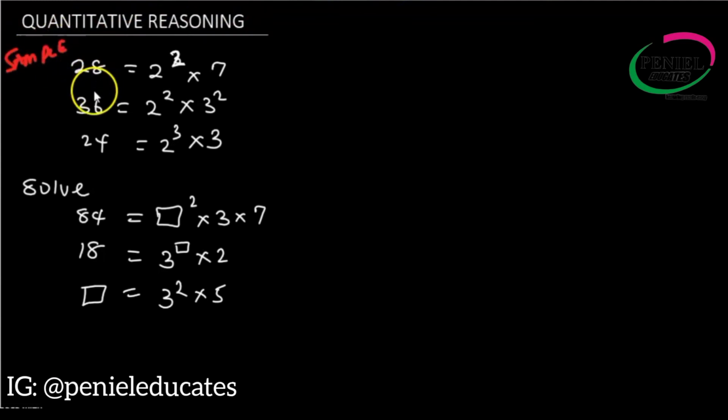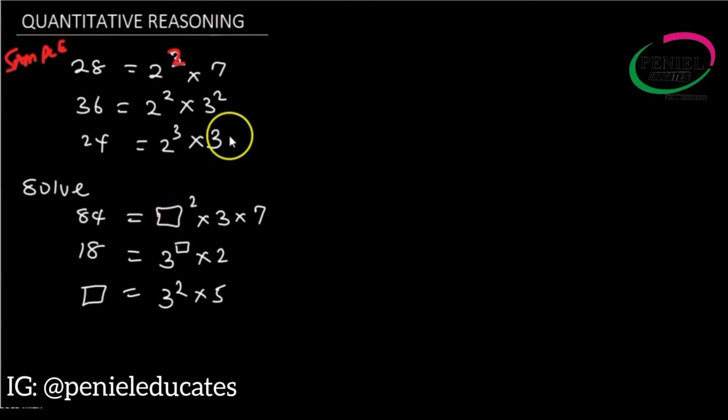So you have 28, 2 raised to power 2 multiplied by 7. You are given this and you have to solve it. So 84. Now this is a box square. And you know that 7 times 3 is 21. Now 21 multiplied by something is going to give you 84. So 21 multiplied by 4 is actually going to give you 84.